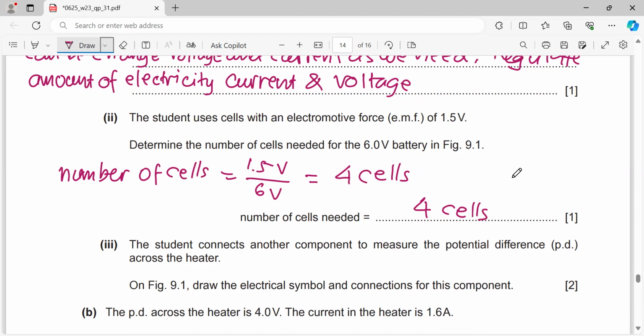The students connect another component to measure the potential difference across the heater. Draw the electrical symbol and connections for this component. So it measures potential difference, a voltmeter.